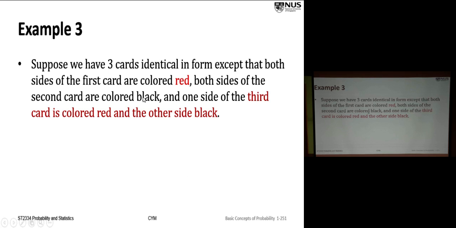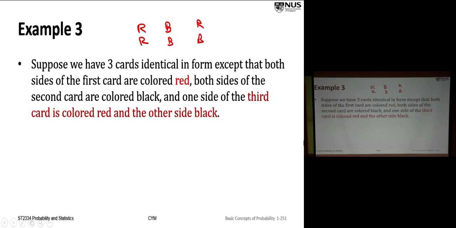Okay, so this is just another example. We have 3 identical cards. Identical here means the physical size is the same, but the color is different. One card has both sides red, one has both sides black, and another card is red and black: one side red, one side black.